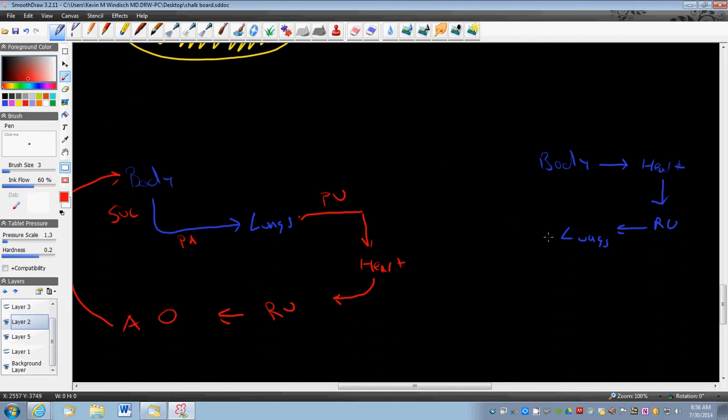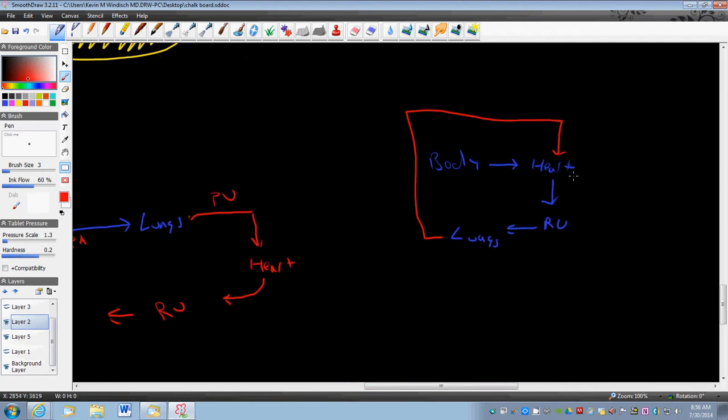This is normal anatomy. From the lungs, it goes back to the heart, but this time it goes to the left ventricle, and from the left ventricle, it goes to the body, making a double loop. So this one's a figure 8, this one is a single circuit.